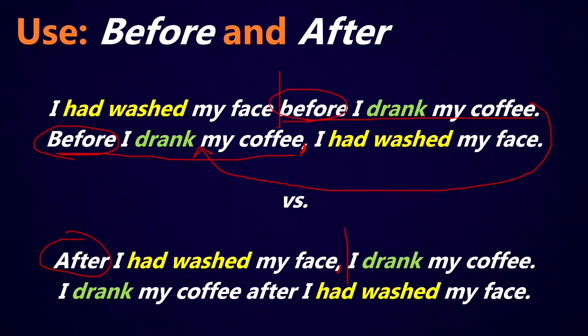We can divide the sentence right there. The only difference between this one and this one is that here, I drank my coffee. I just moved it to the beginning of the sentence. So this is a way that you can change the order of the sentence without changing the meaning, using the past perfect and these adverbs before and after.